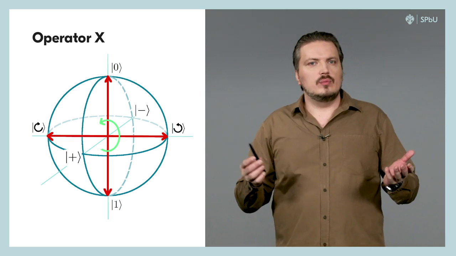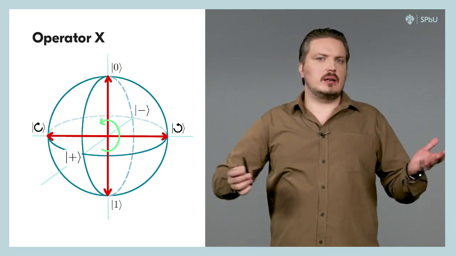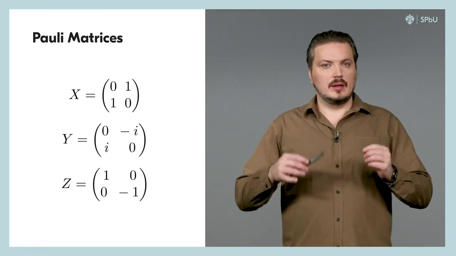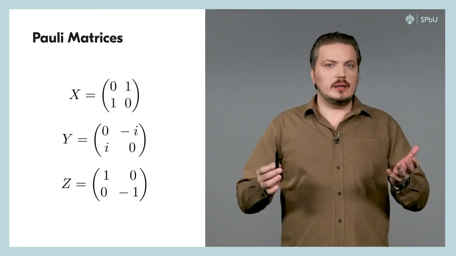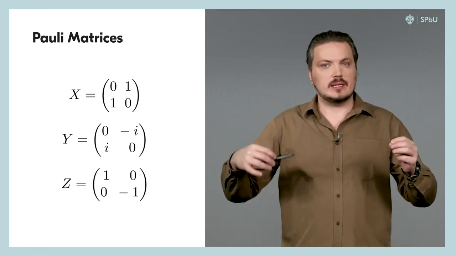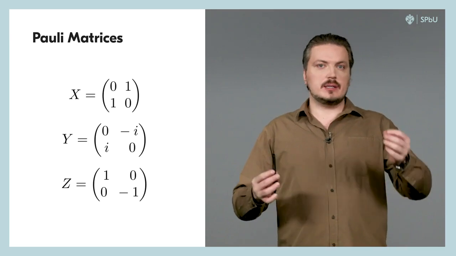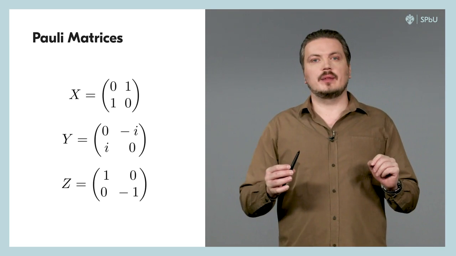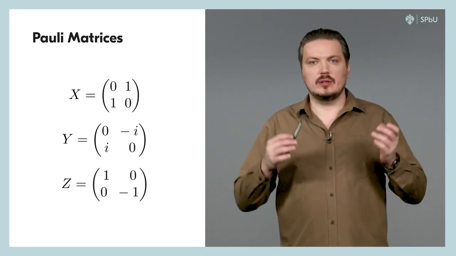And we have two more axes, y and z. Maybe there are rotation operators for them too? Yes, indeed. Meet the operators Y and Z. The operator Y rotates the space around the y-axis by angle pi, and Z rotates the space around the z-axis, also by angle pi. You can guess their eigenvalues and eigenvectors yourselves.